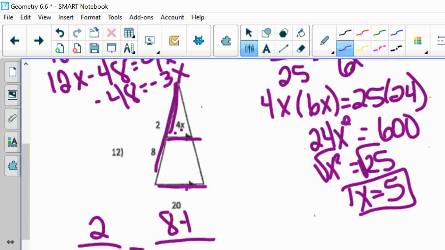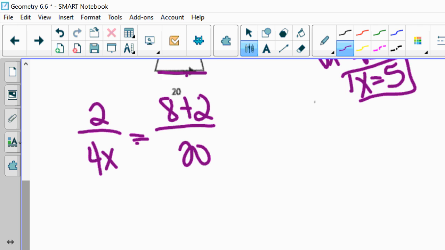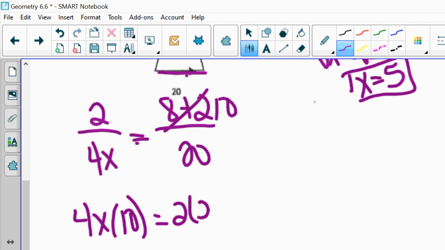So it's 8 plus 2 over 20. So really 8 plus 2 is 10. So I have 4x times 10 equals 2 times 20. I forgot to do that entire side length. So 4x times 10 gets me 40x. 2 times 20, 40. So x is equal to 1.